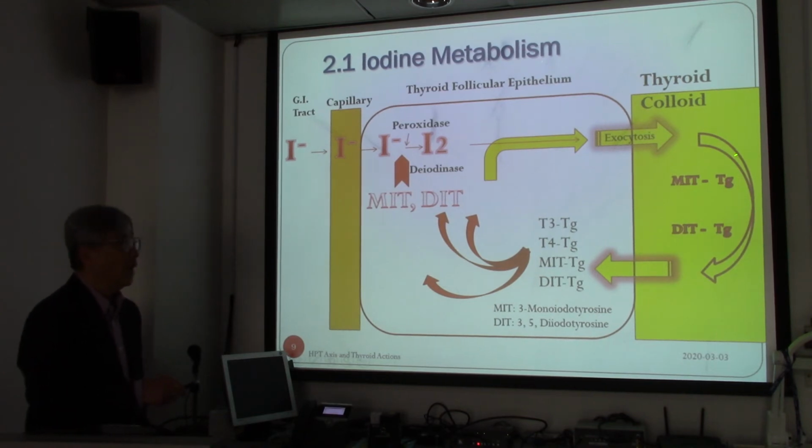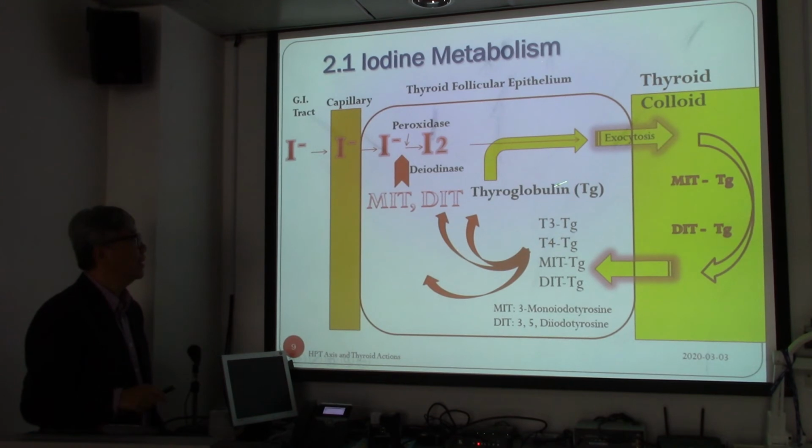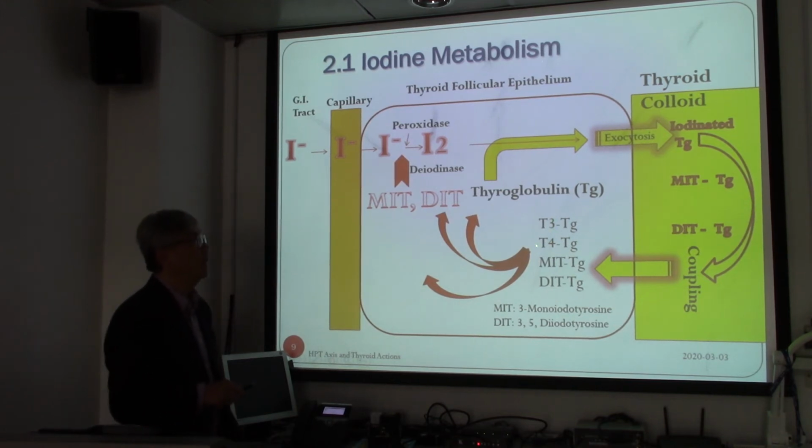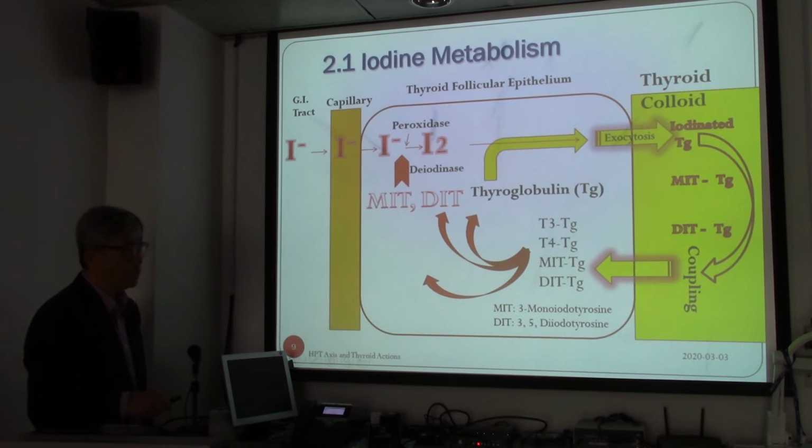And that is for the formation of T3 and T4 from the thyroglobulin, which is a huge protein. So that huge protein, thyroglobulin, would be iodinated, and then we have this coupling effect to form T3 and T4, or mainly T4.